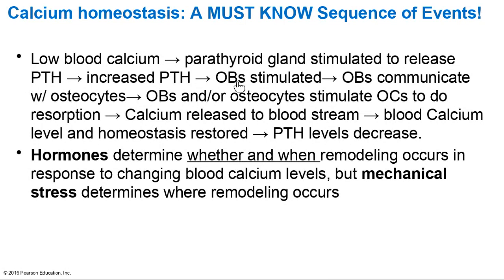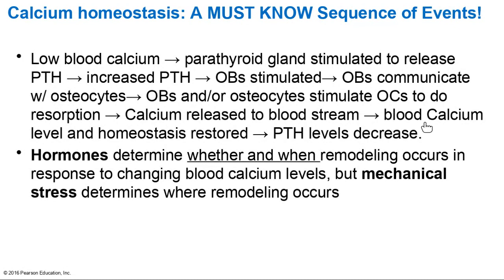So again, PTH is binding to receptors on the surface of osteoblasts to stimulate them to, number one, stop doing deposition. But the osteoblasts are actually able to go ahead and communicate with osteocytes. So osteoblasts can be stimulated, in this case, to stimulate osteoclasts. The main idea here is osteoblasts and osteocytes are going to be stimulated by parathyroid hormone to stimulate osteoclasts to do resorption.